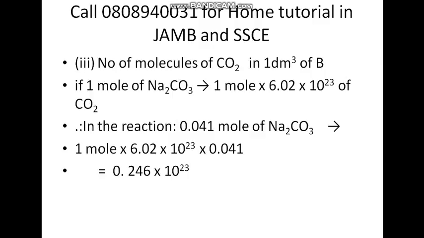Express the number of mole of CO2 in the stoichiometric equation in terms of the Avogadro constant, and we have on the tutorial board, if 1 mole of Na2CO3 gives 1 mole times 6.02 times 10 raised to power 23 number of CO2 molecules.